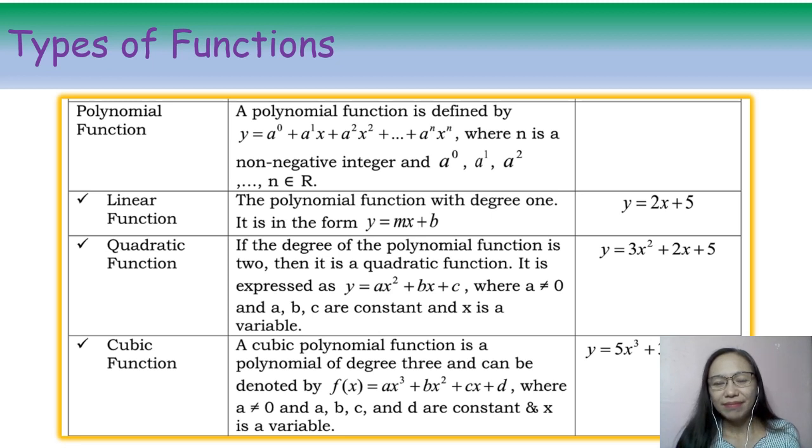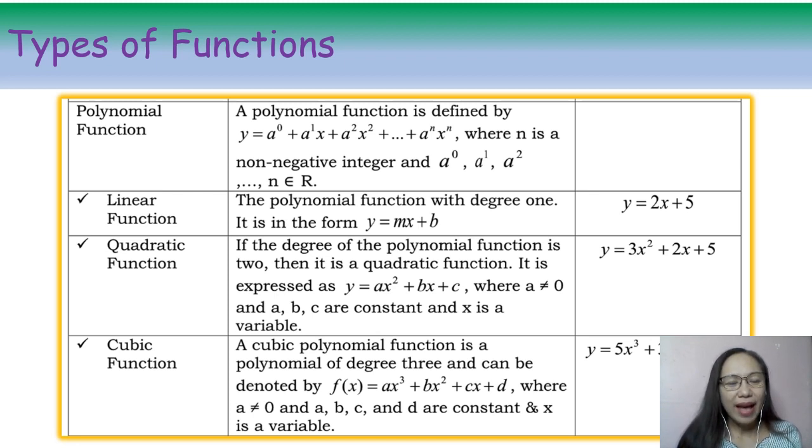An example is y equals 2x plus 5, or you may have y equals 3x minus 2. So the exponent of x is just 1. That's the linear function. By the way, it's called linear because the graph is a line.